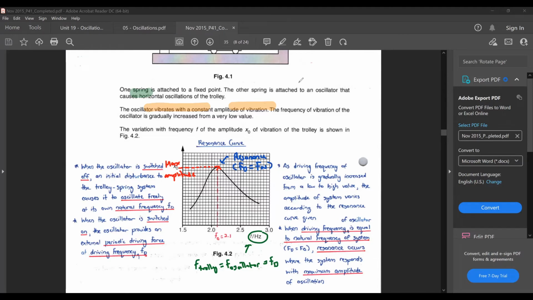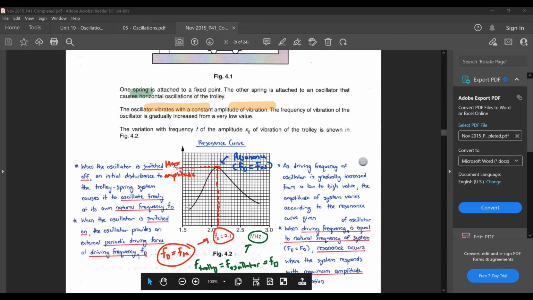So here at maximum amplitude, you look at what's the frequency that corresponds to the maximum amplitude. You will notice that it is actually 2.1. So this is where the driving frequency of your oscillator must be equal to the natural frequency of your trolley.